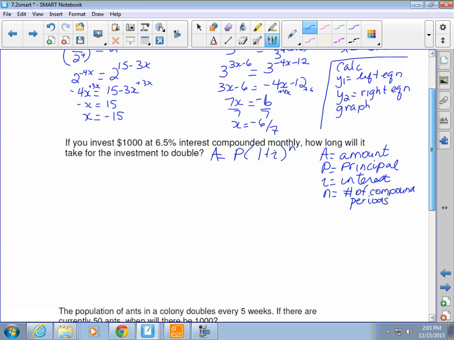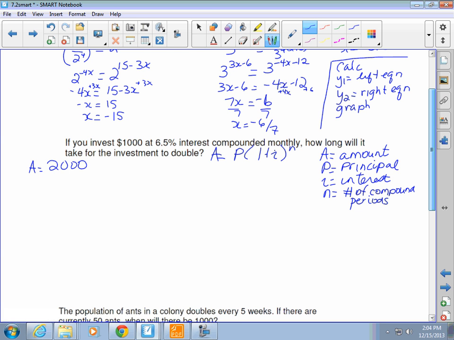Okay, so for this question, using your formula, you identify what your variables are. I do know my A, because it's saying if you invest $1,000, how long will it take for it to double? So the amount I want to end up with is $2,000.